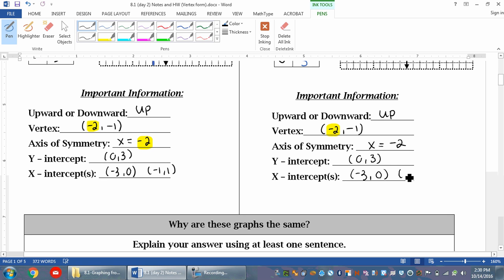Well, you should be recognizing we just wrote down the exact same information. Why are these graphs the same?